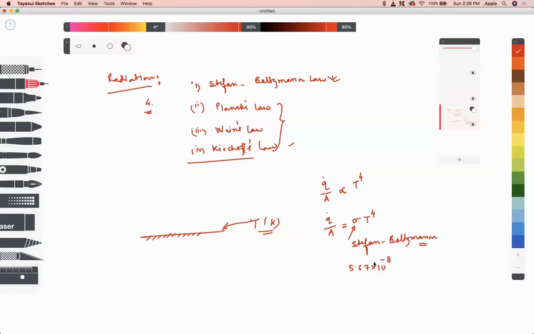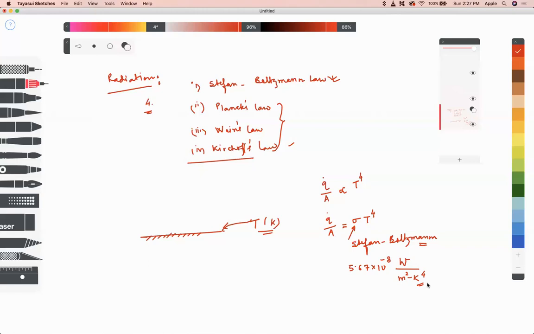And what will be the unit? Again we can very easily find: this is watt, this is meter square, and this is Kelvin to the power 4. So the unit will be watt per meter square Kelvin to the power 4. This is the unit for your Stefan-Boltzmann constant.